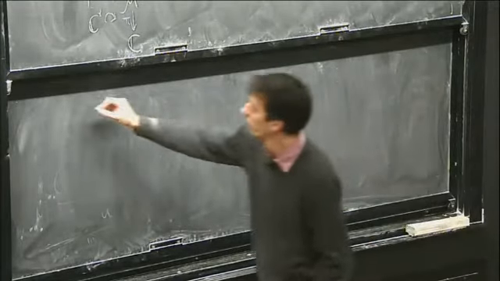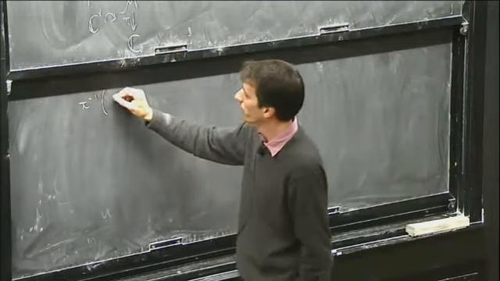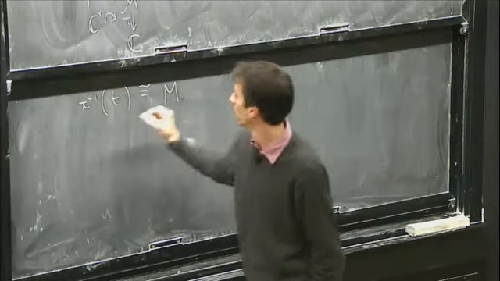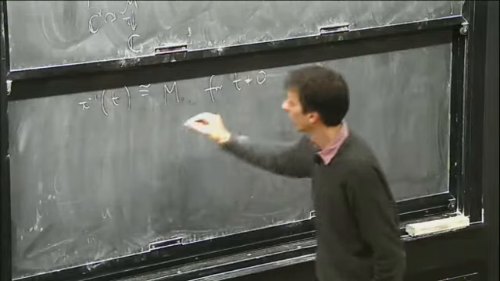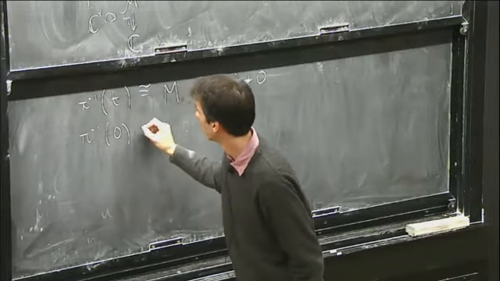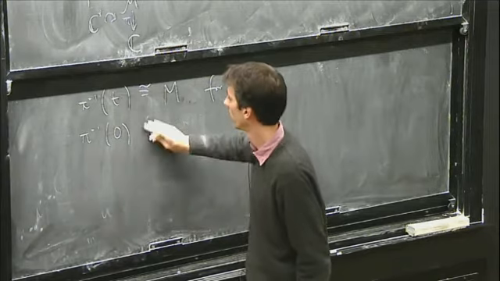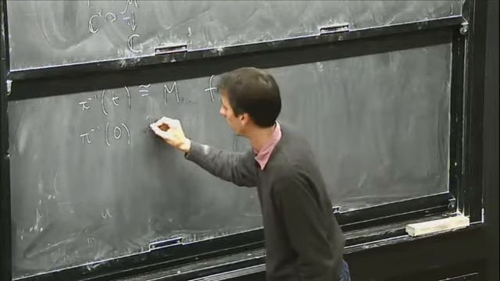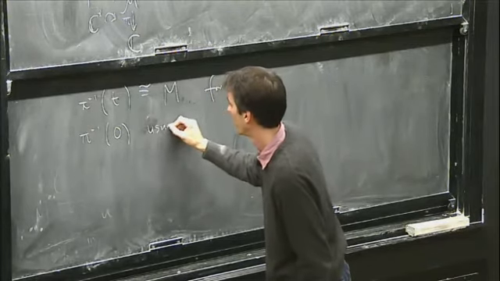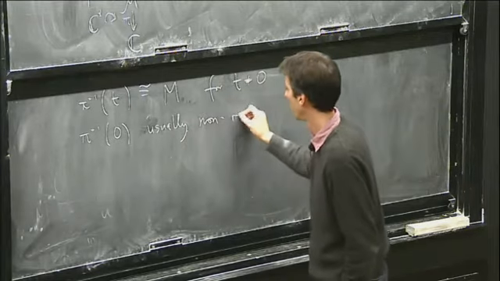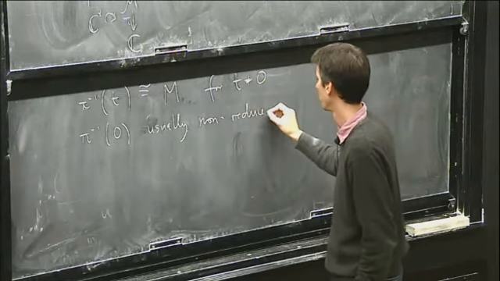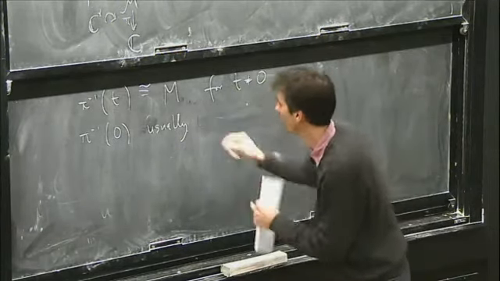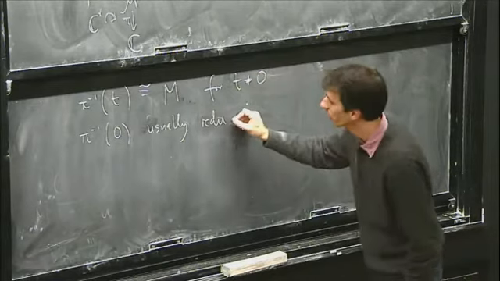Where the generic fiber will be our original manifold M, and let me just say, the central fiber will generally be reducible, non-irreducible.